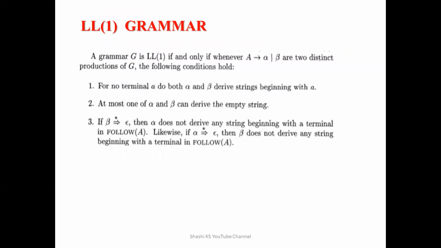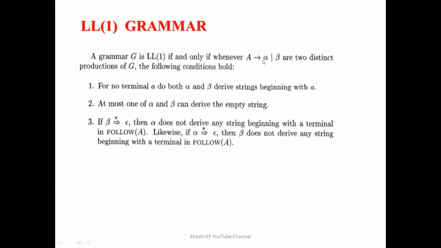A grammar G is said to be LL1 grammar if whenever you have two distinct productions like A derives alpha or A derives beta, then for no terminal a do both alpha and beta derive strings beginning with a. That means if alpha derives a particular string which is starting with a, then beta should not derive a string which is also starting with a.